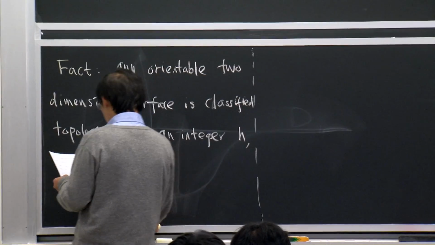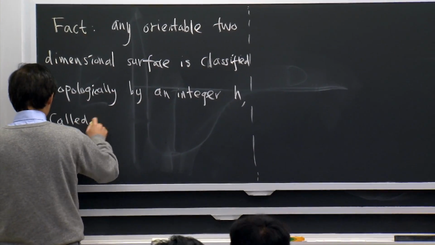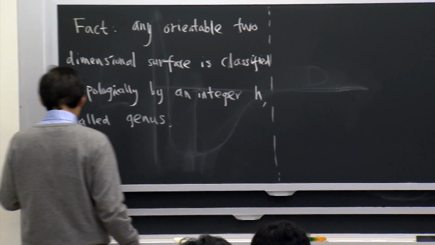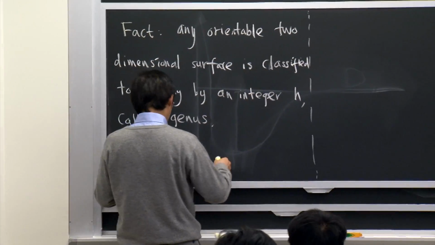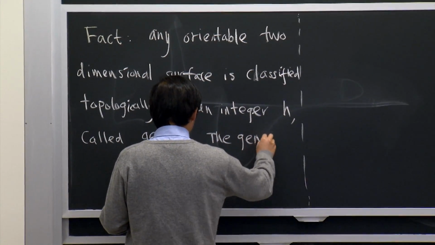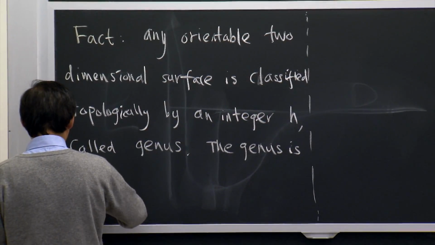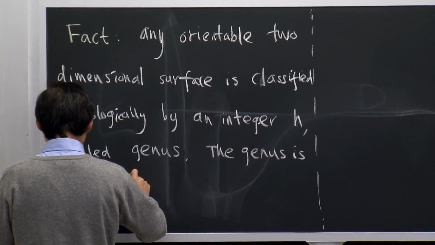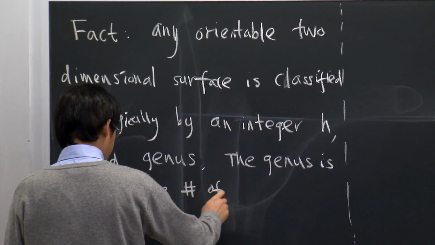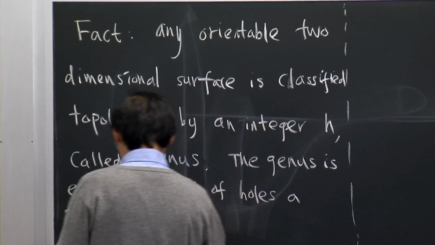This h is typically called a genus. Heuristically, this genus is equal to the number of holes a surface has.